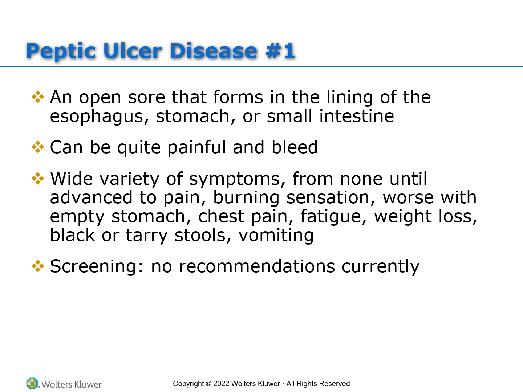All right, one of the complications that we deal with quite frequently are peptic ulcers, and these are going to be ulcers or open sores. They're found within the lining of the esophagus, the stomach, or the small intestines, and those areas are supposed to be protected by mucus.